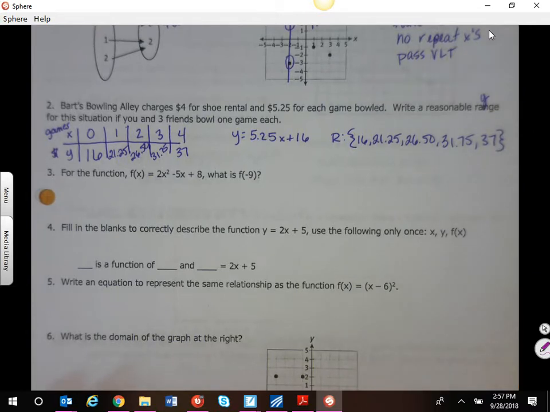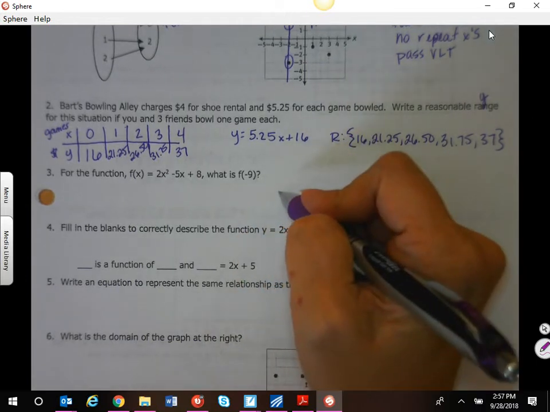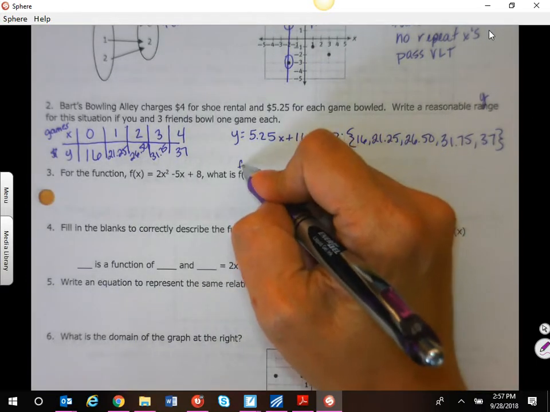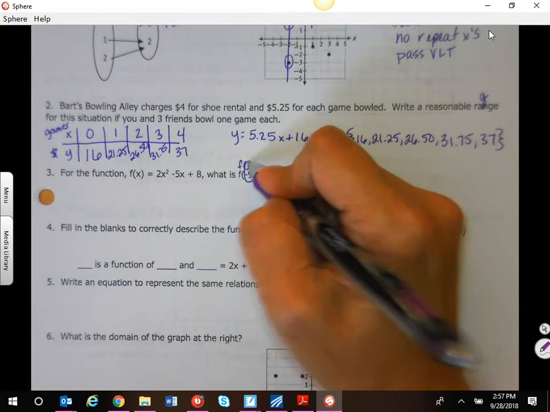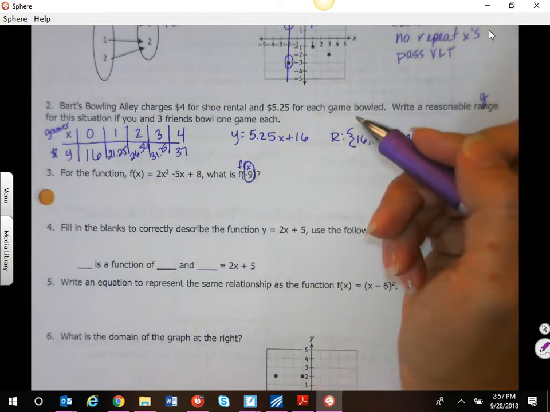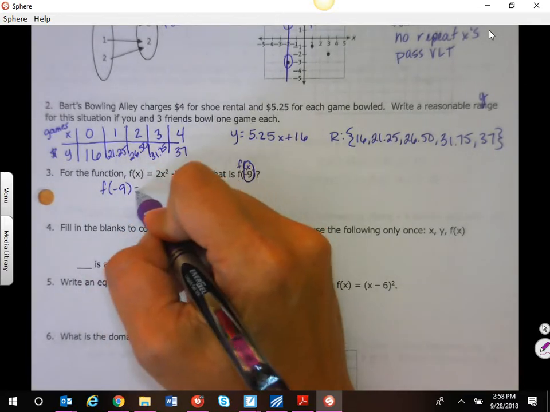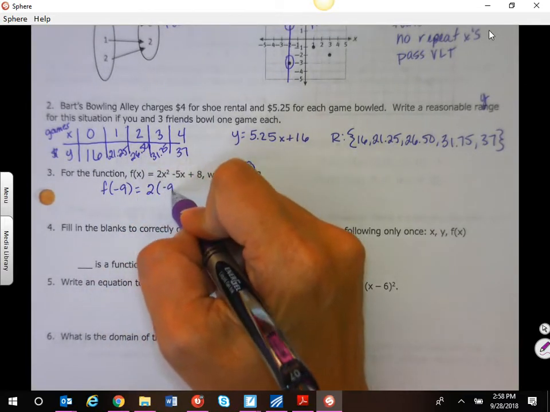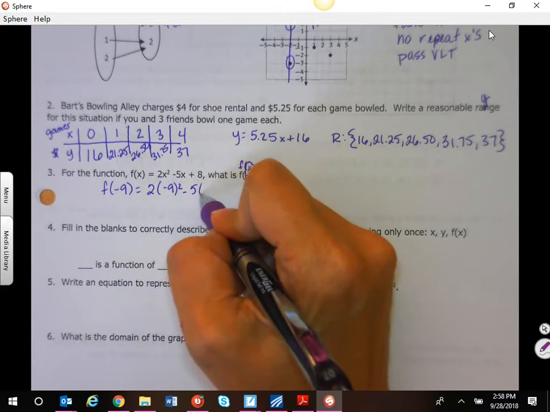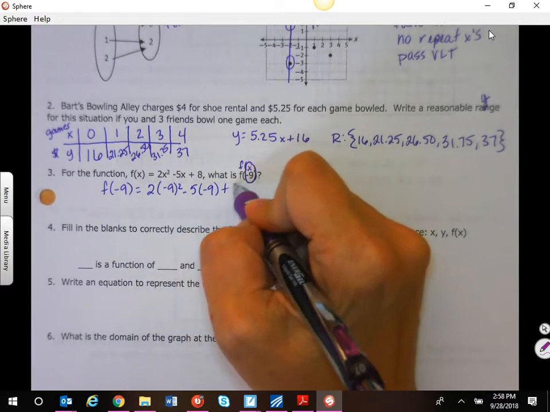For the function f of x equals 2x squared minus 5x plus 8, what is f of negative 9? Now remember, this is the same as saying f of x, and x is in place of negative 9. So this is simply telling you to plug in a negative 9 wherever you see x, and then solve.